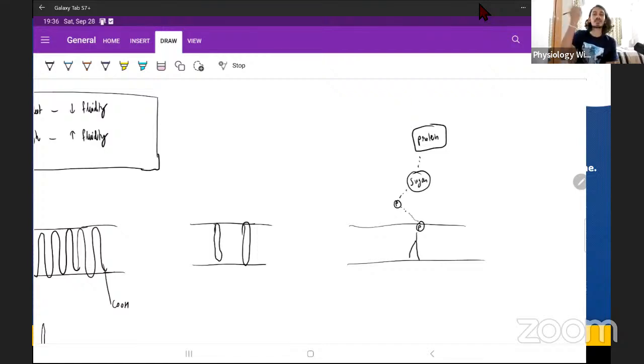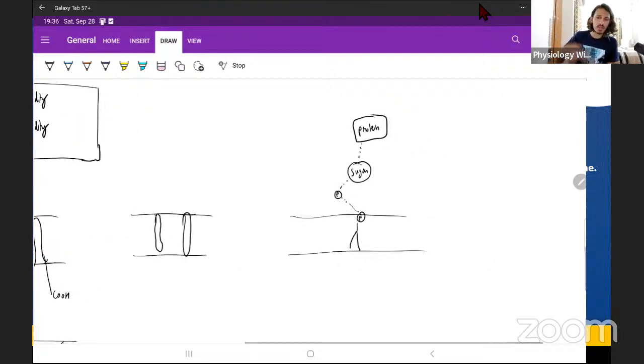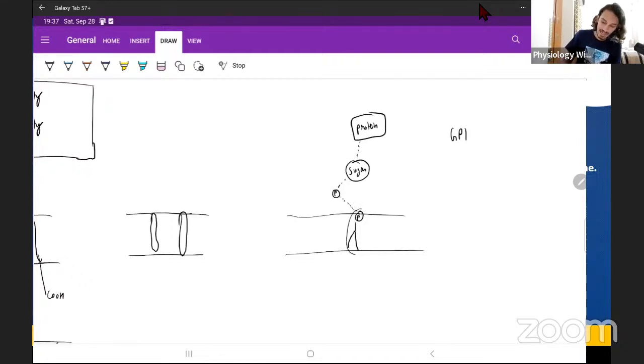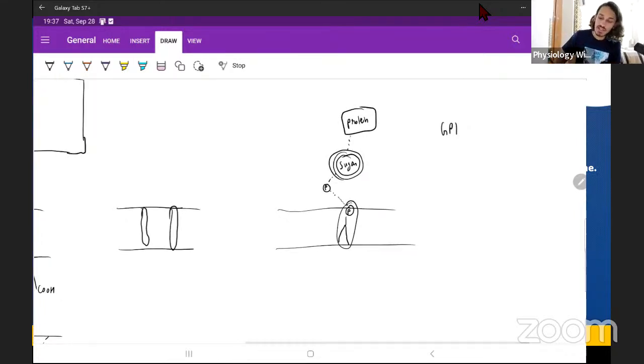Usually people think that what is outside is peripheral, but this is also covalently attached and will come under integral proteins. This is what we call GPI, glycosylated phosphatidyl inositol. Remember the phosphatidyl inositol, to that glycosylated, a protein is attached. Sometimes this is usually there in the outer leaflet.